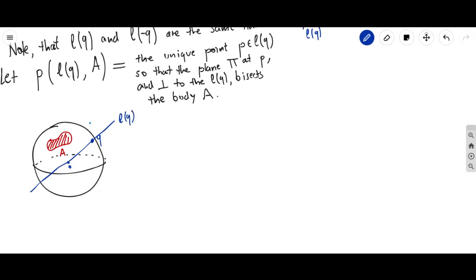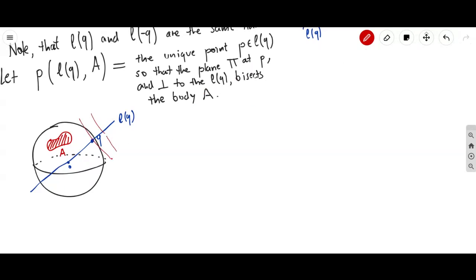And as you know, anytime you have a line you can talk about the plane that's perpendicular to that line, right? The perpendicular plane. So what you start doing is you first begin drawing a plane that is, let's say, outside of the sphere.